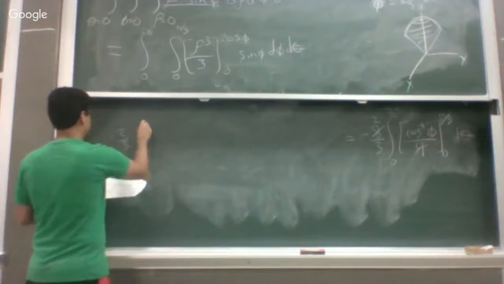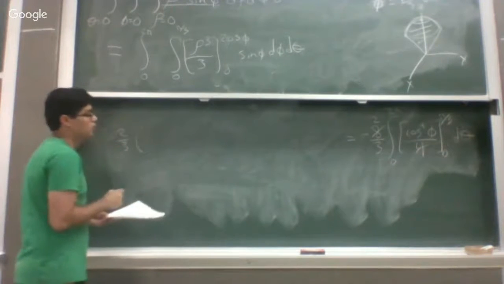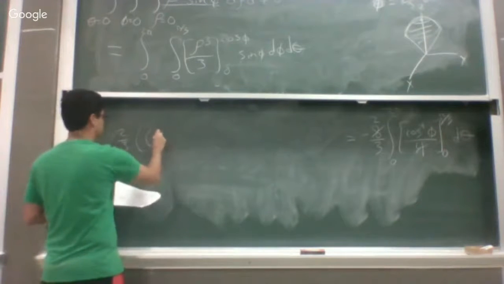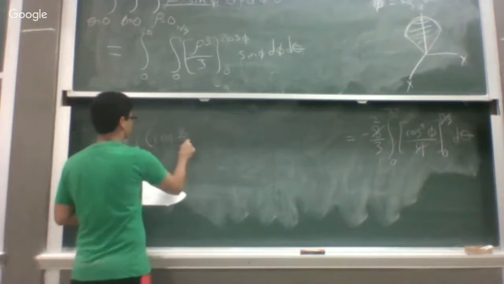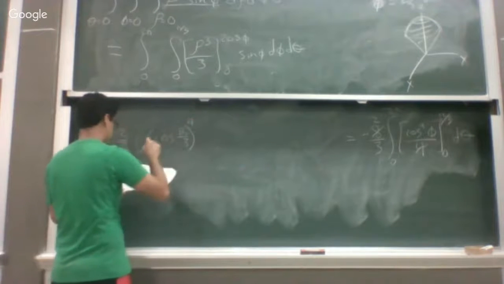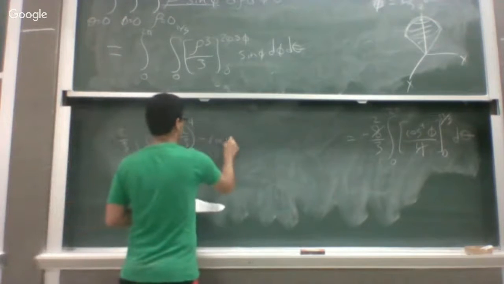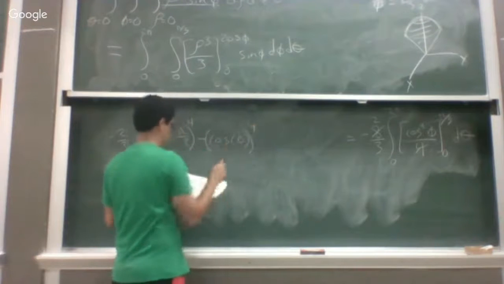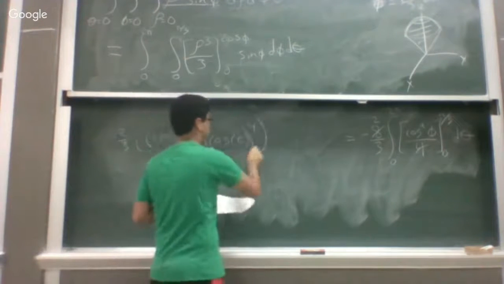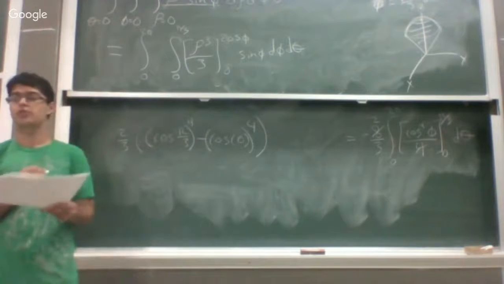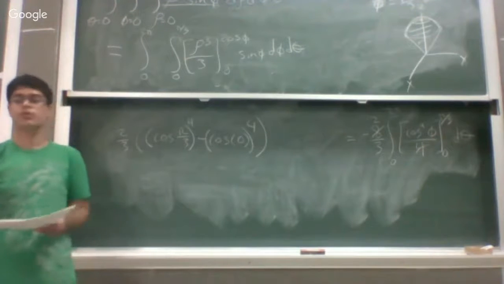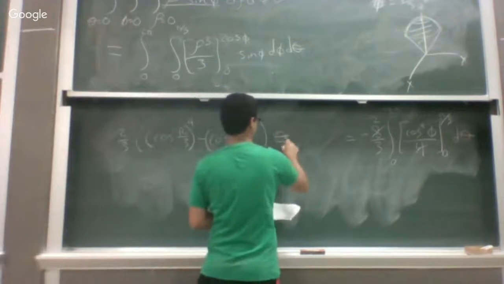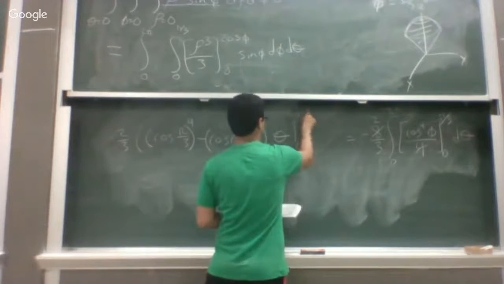Then we have cosine of pi over 3 to the 4th power minus cosine of 0 to the 4th power. And that's one term. And then if we were doing the integral of d theta, what would we get? Just theta going from 0 to 2 pi.